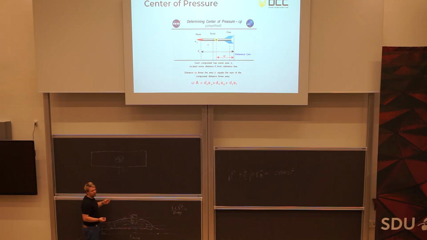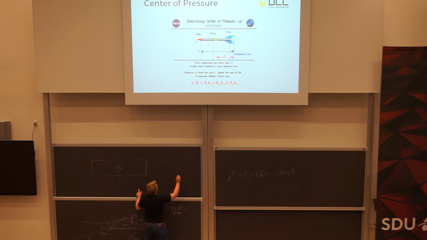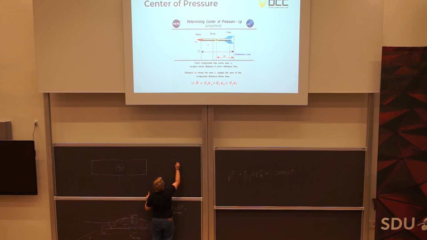It's going to get very unstable, because depending on the angle, you will get different forces acting on the brick. Now, you can change that by changing the shape of it.